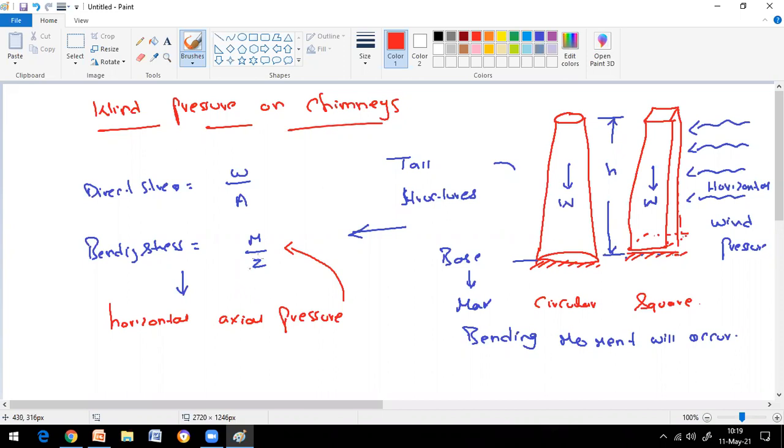So here the moment develops. In the previous problems, how was the moment developed? In the previous problems, moment was developed by the load times the eccentric distance. But here this moment is not developed due to eccentric distance. This moment is developed due to the maximum horizontal wind pressure.